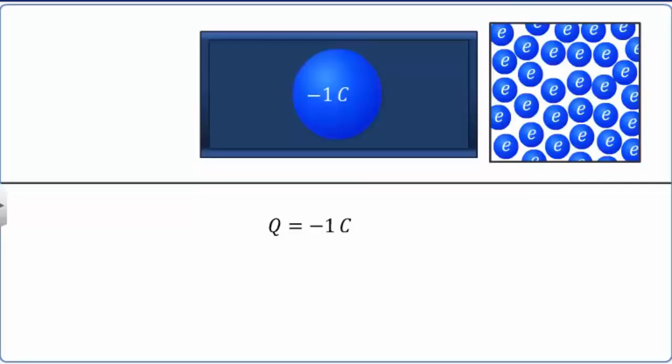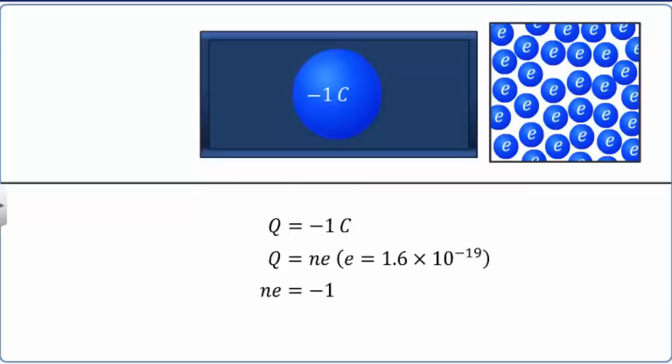Let the number of electrons it has gained to become negatively charged be n. As the charge Q on a body is quantized, we have Q equal to ne, where the basic unit of charge e has a magnitude of 1.6 × 10^-19 coulomb, and Q equal to minus 1 coulomb.